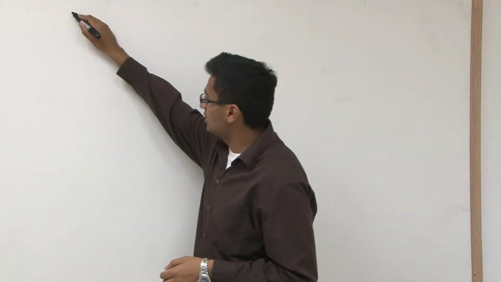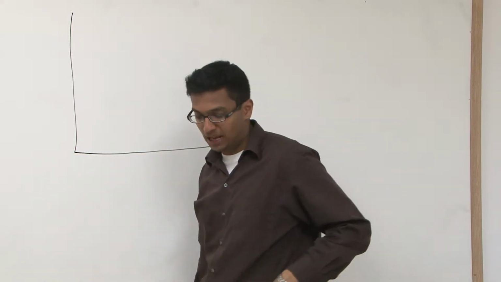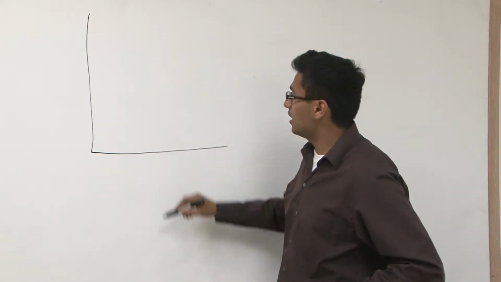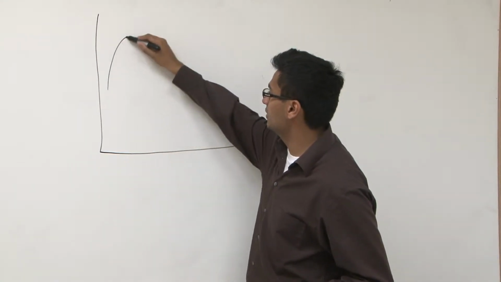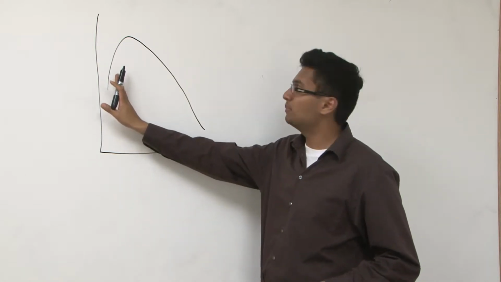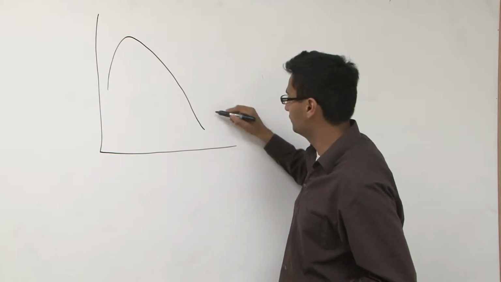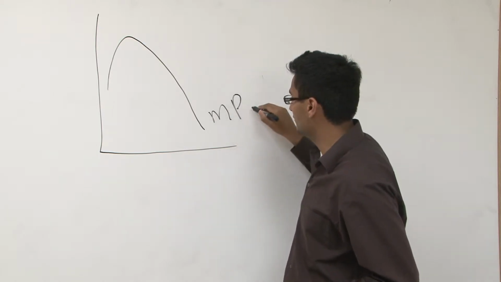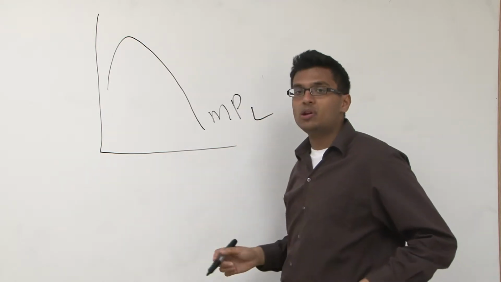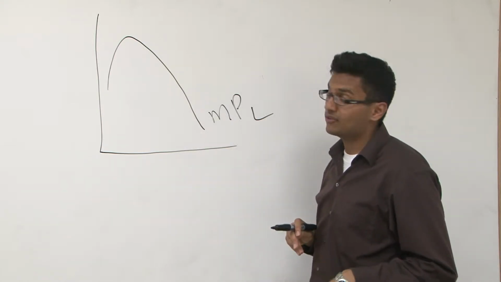So let's start off with the first graph, which is graphing APL and MPL. MPL, marginal product of labor, kind of looks like this: the slope is really steep at first and then starts to fall off. And your APL is kind of the same story as you've seen previously with average cost.